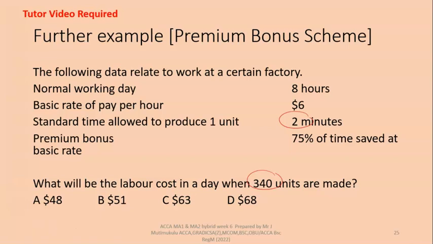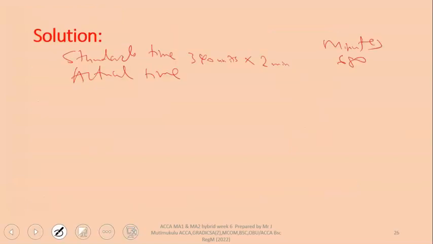Then what about the actual time? Normal working day has got 8 hours. So the actual time in a particular 8-hour day, multiplied by minutes. How many minutes in 8 hours? Because an hour has got 60 minutes, remember?